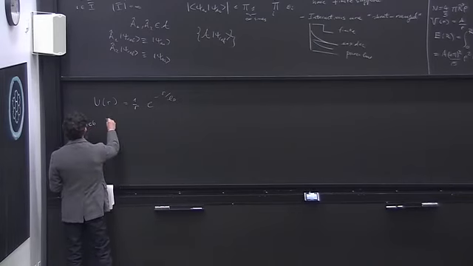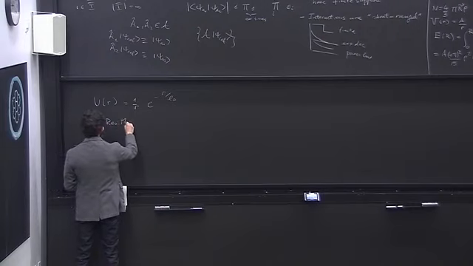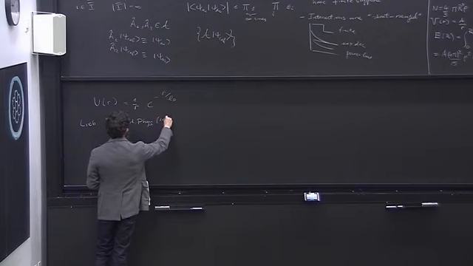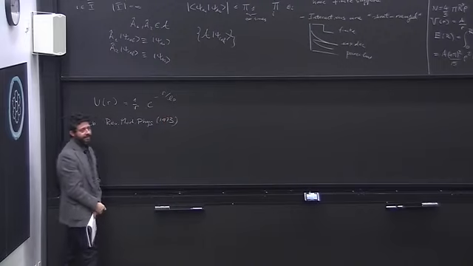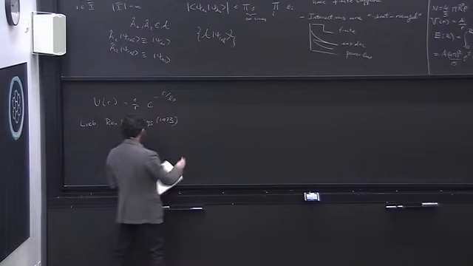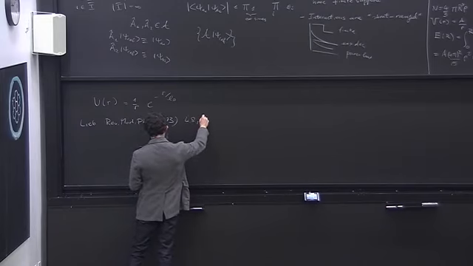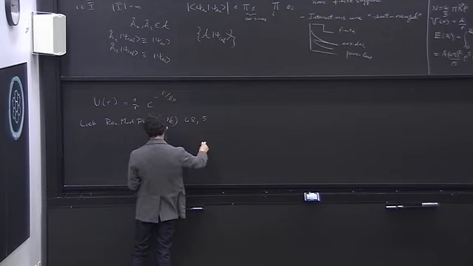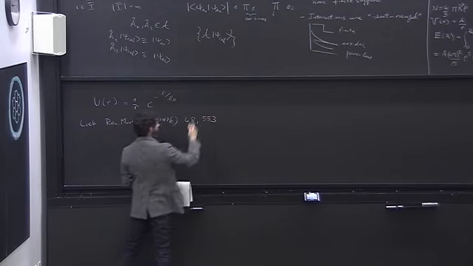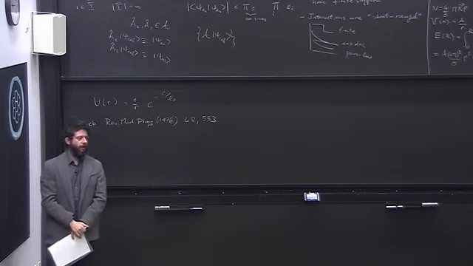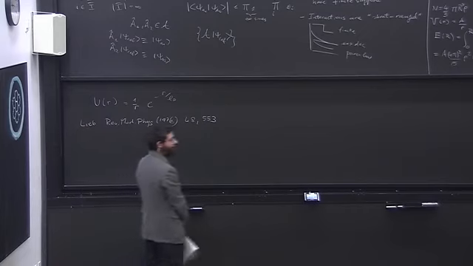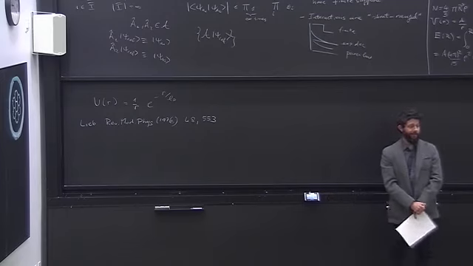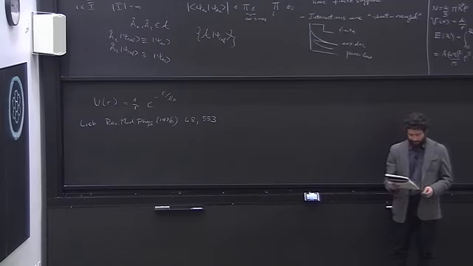If you want to see the details, look at this paper by Lieb, 1976, sorry, even later. The details of showing that ordinary matter is actually stable took a long time to really understand.